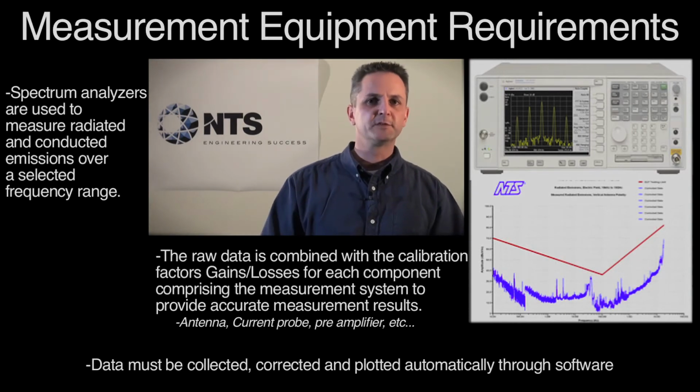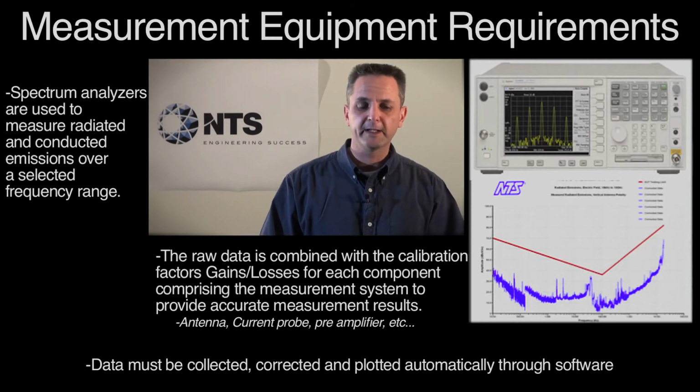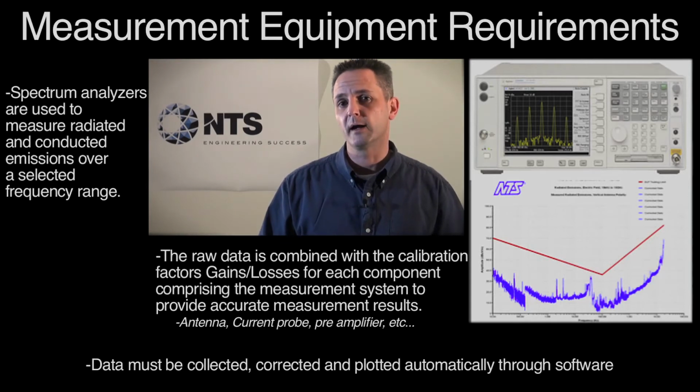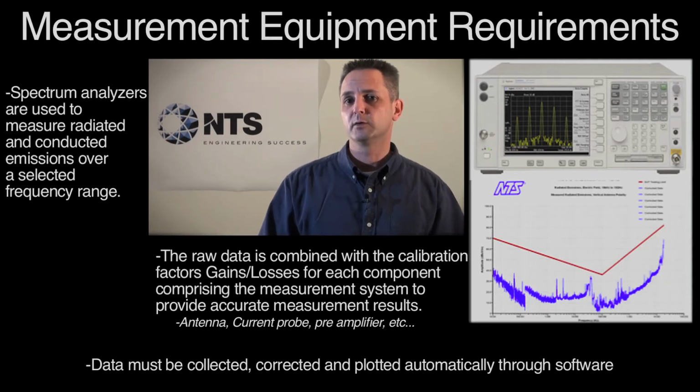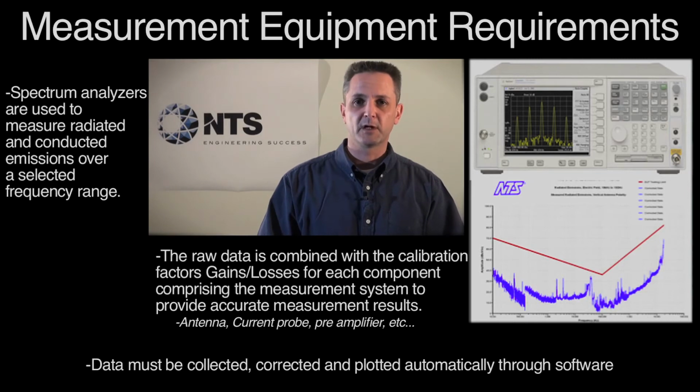Now, 461 specifies and requires that all data collected for emissions testing be plotted and corrected automatically through software. We currently use, NTS worldwide, what is called TILE software, or totally integrated lab environment software, to do that.